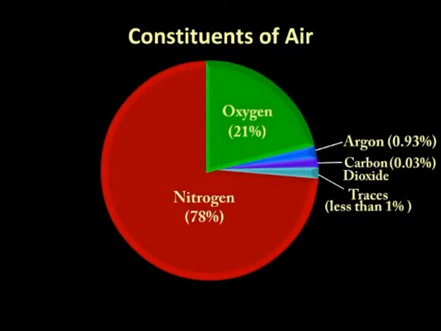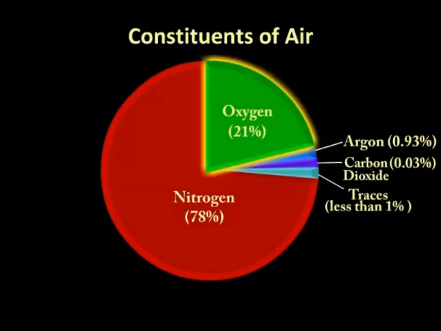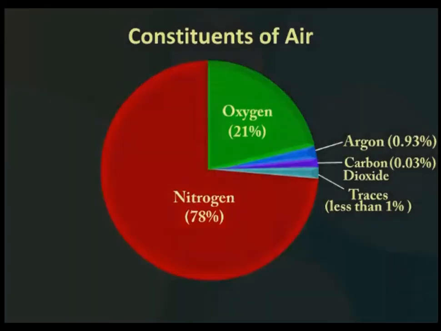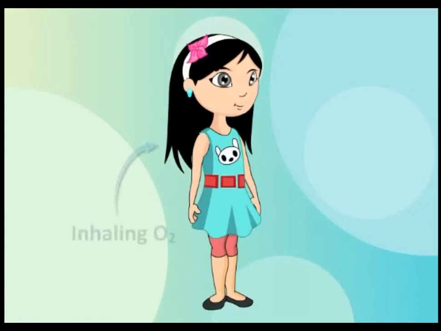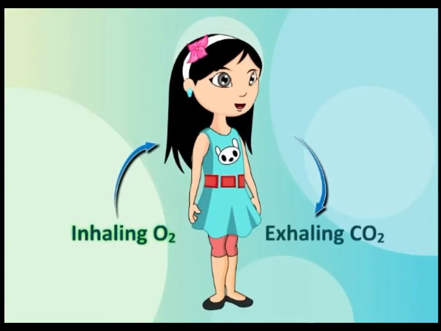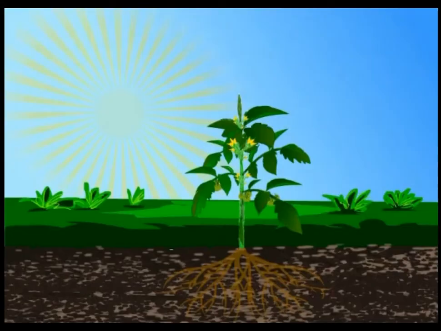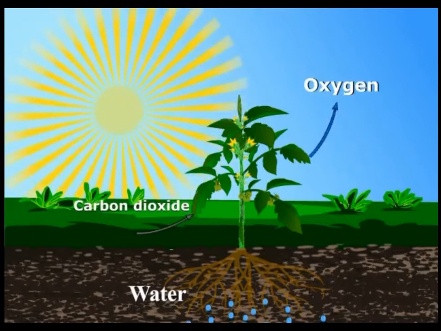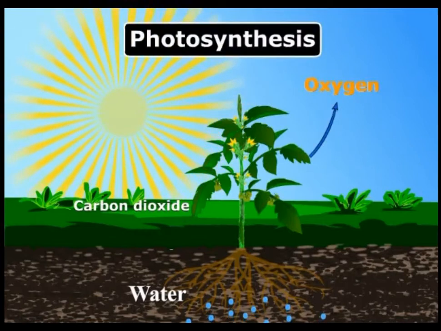Oxygen makes up 21% volume of air. All living beings inhale oxygen for their survival. Green plants produce oxygen during photosynthesis.